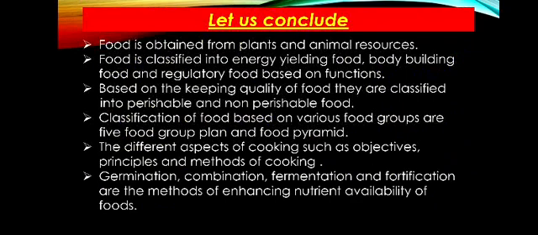Based on the food groups, it is classified into the five food group plan and food pyramid. Then we moved to the different aspects of cooking, such as objectives, principles and methods of cooking. Then lastly, in this session you have studied the enhancement of nutrients such as germination, combination, fermentation and fortification. By this, the second chapter is concluded.